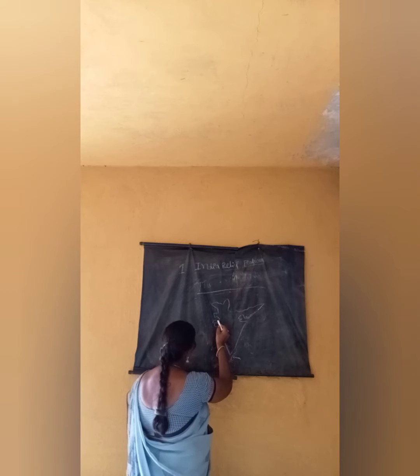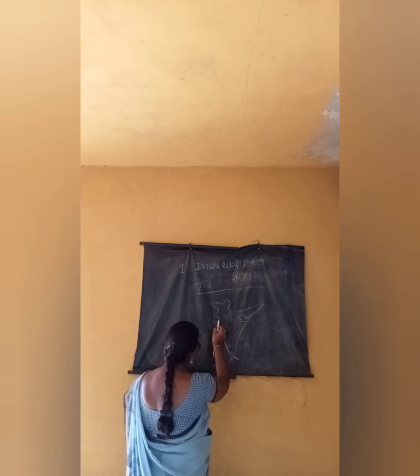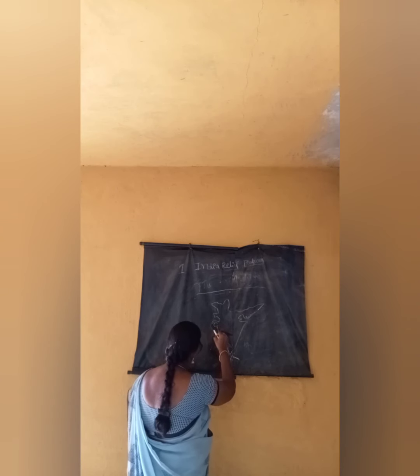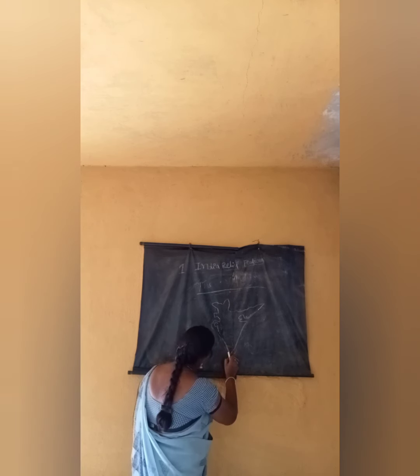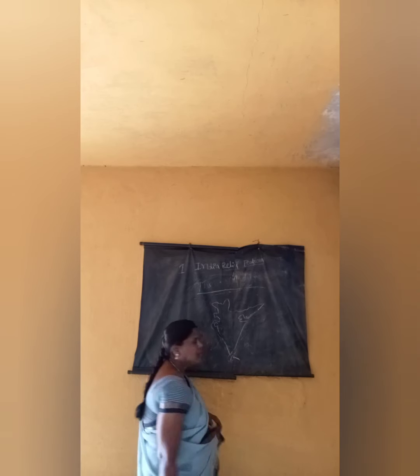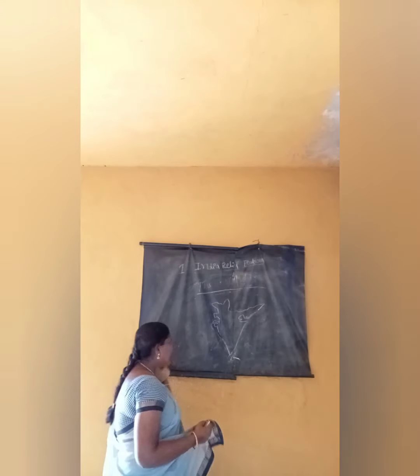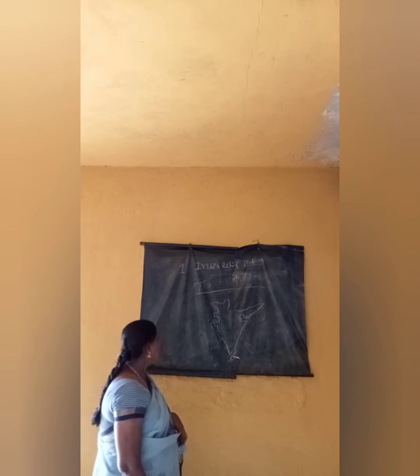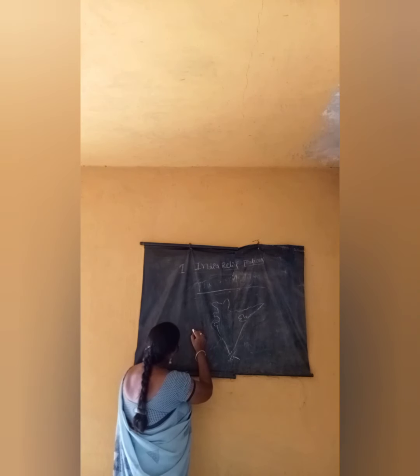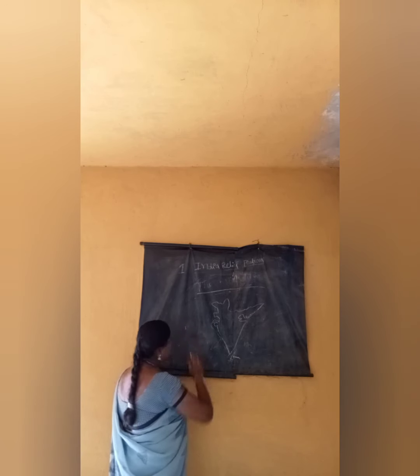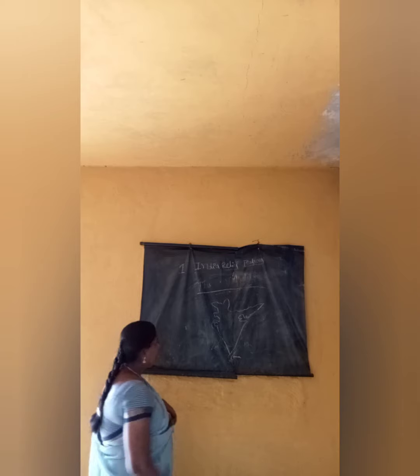The western coast starts at the Rann of Kutch and ends at Kanyakumari. The western coast is divided into three parts. What are they?